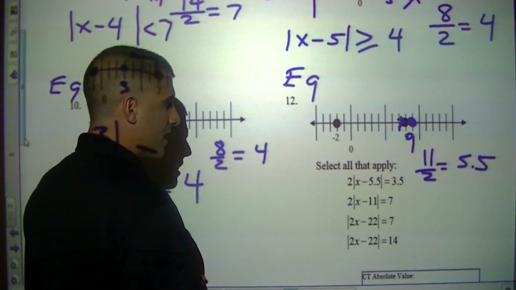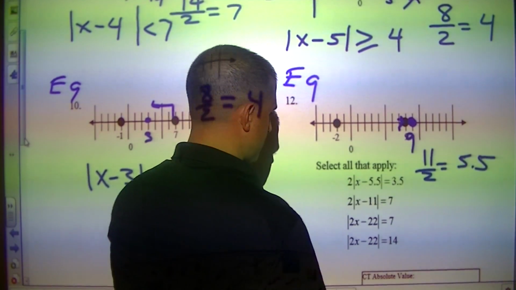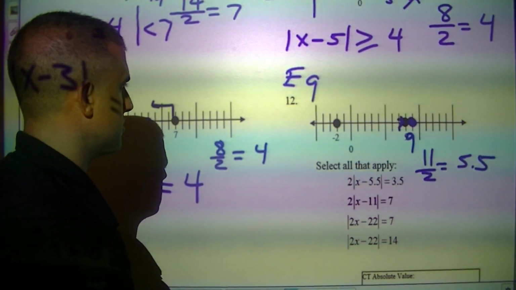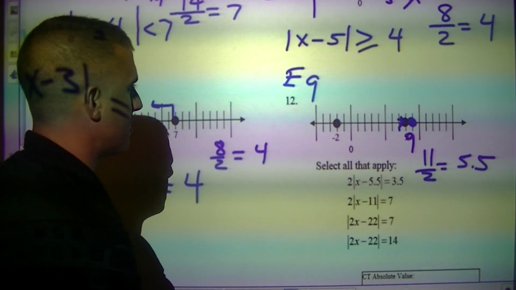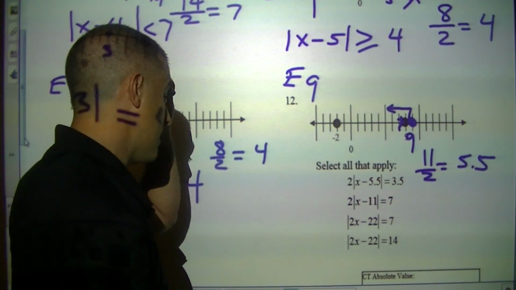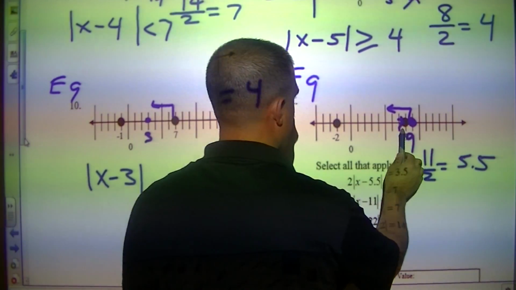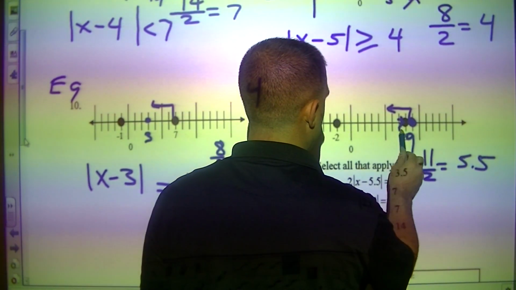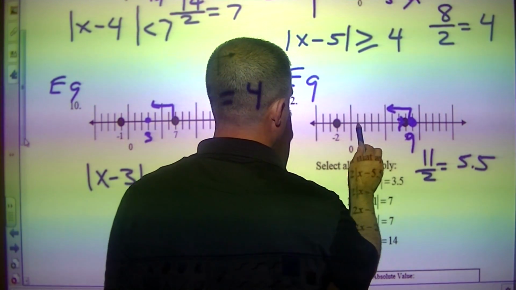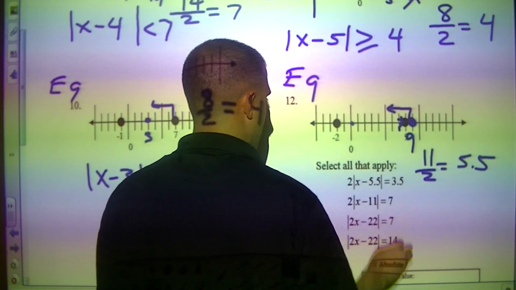All right, since I know it's an equal sign, what that's going to do is I'm going to move 5.5 spaces in. I think these choices might not be right here. So I'm going to move 5.5 spaces in. So it's 8, 7, 6, 5, 4, 3, 2, and 1. And I would be right here, okay?